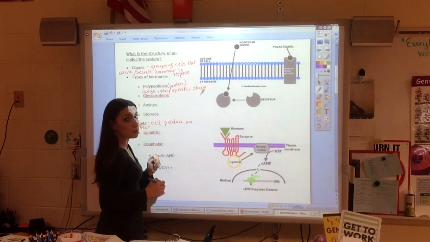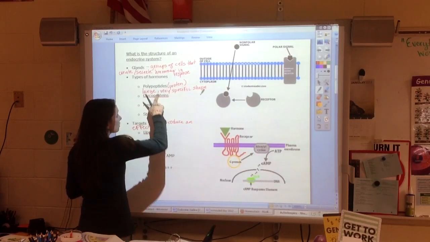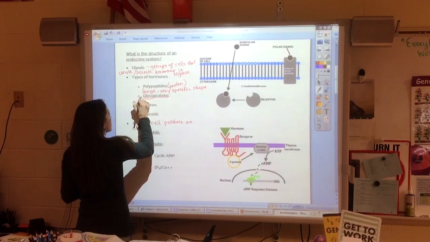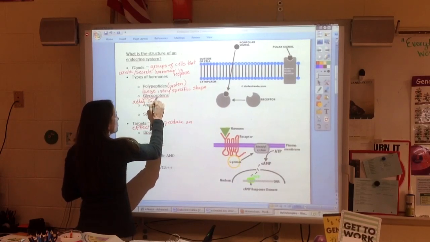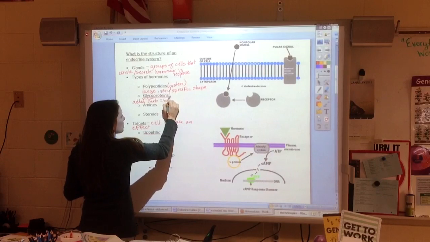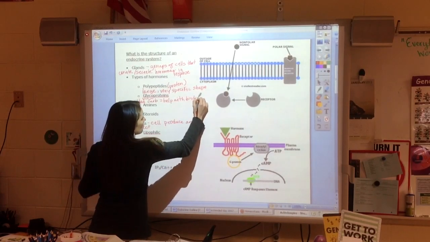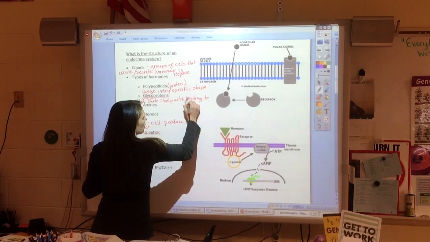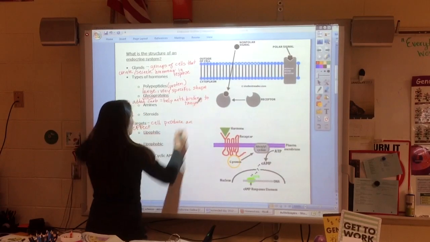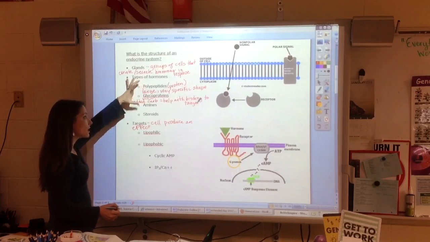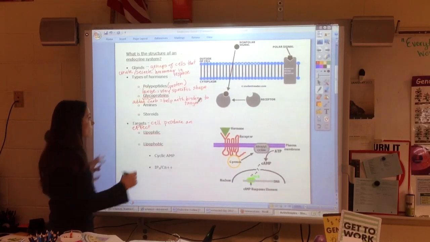Next we have glycoproteins. Glycoproteins are going to be very similar to polypeptides, but they do have an added carbohydrate, which can help with binding to the target. Both of these are actually going to have to bind to the target, and usually amines are as well.